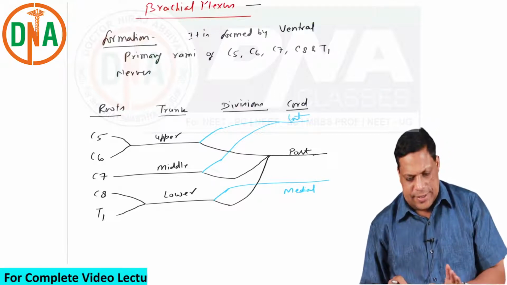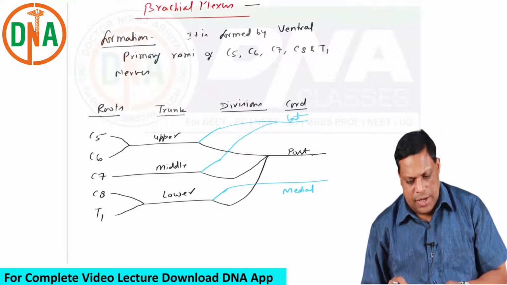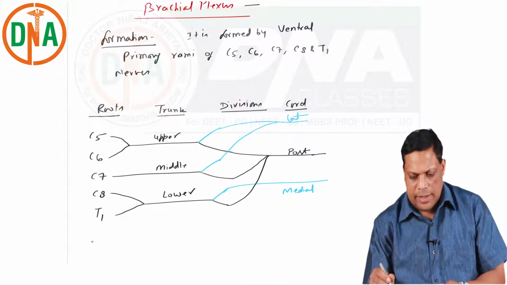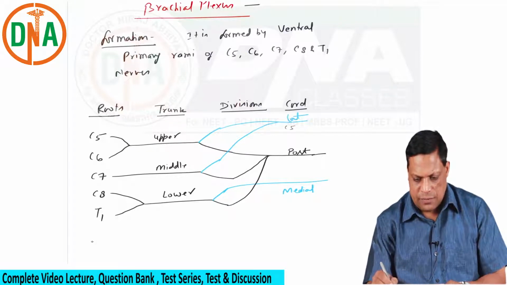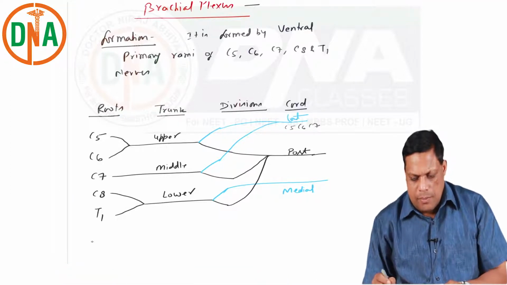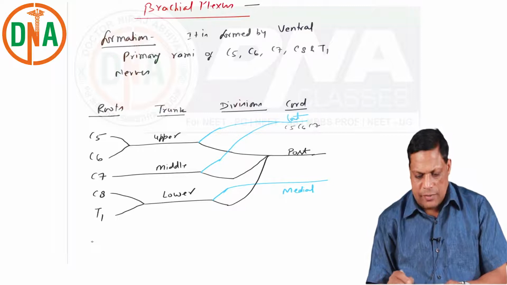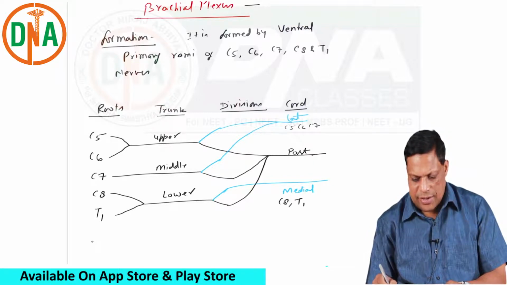So first understand the root value of the cords. The lateral cord is formed by the division of upper trunk and middle trunk. So its root value should be C5, C6, C7. The medial cord is formed by the anterior division of the lower trunk, which is made up of C8 and T1 fibers.